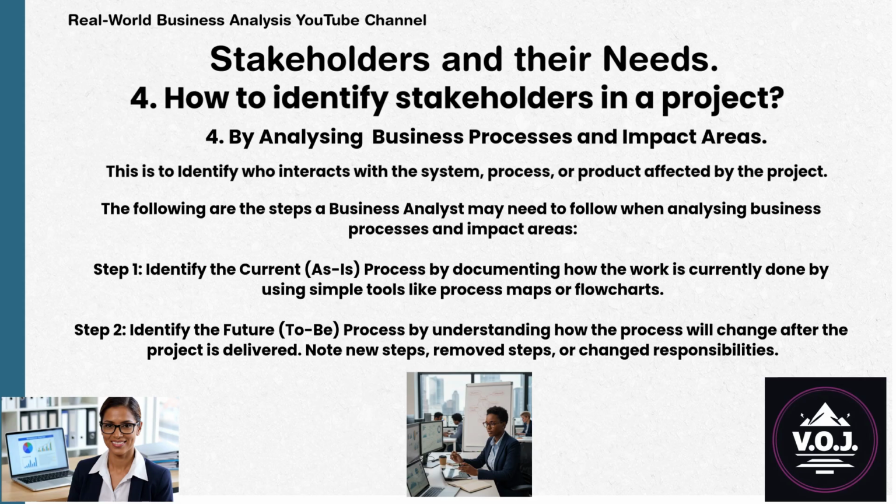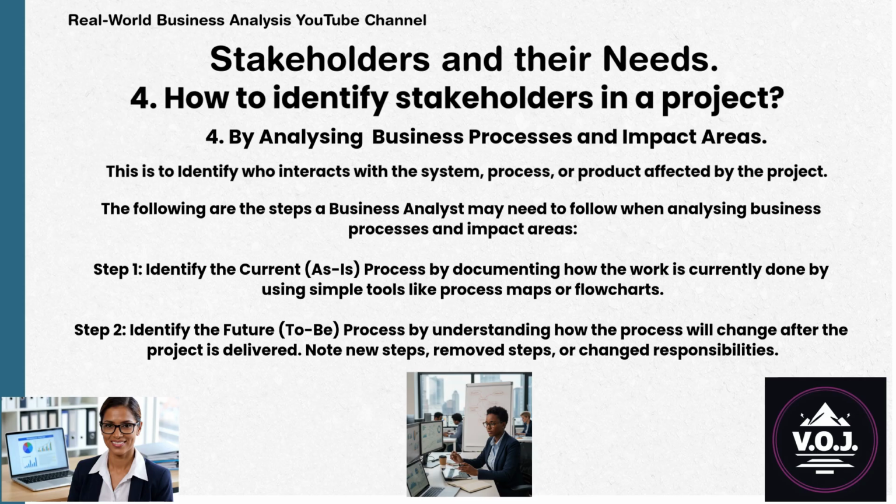4. By analyzing business processes and impact areas. The following are the steps a business analyst may need to follow when analyzing business processes and impact areas. This is to identify who interacts with the system, process, or product affected by the project. Step 1.